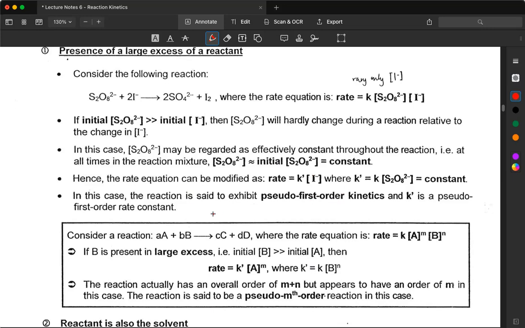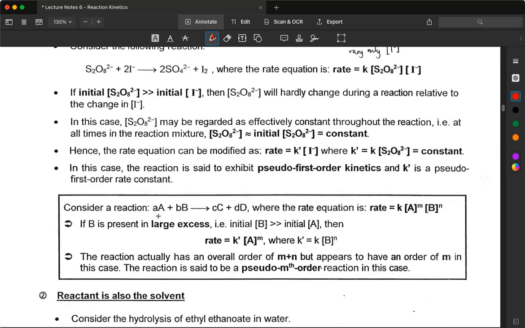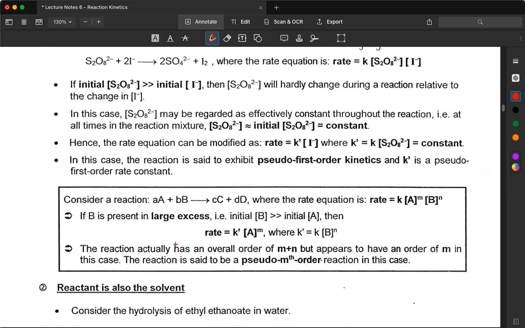Now consider a reaction like this where the rate equation is rate equals to k times this times this. If B is present in a large excess, a very significant amount, then we can just consider the concentration of B to be constant and rewrite as follows.